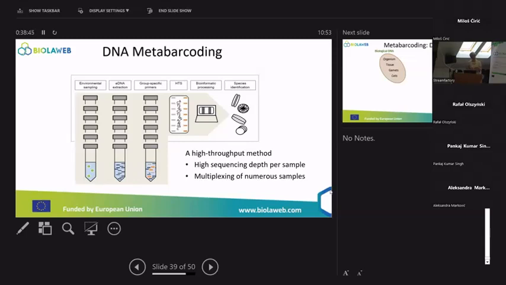So that makes really a high throughput method where you may have both high sequencing depth per sample, so a lot of information per sample, but also you can have that for numerous samples that are analyzed together. For example, currently we analyze 380 samples together in a single sequencing experiment.